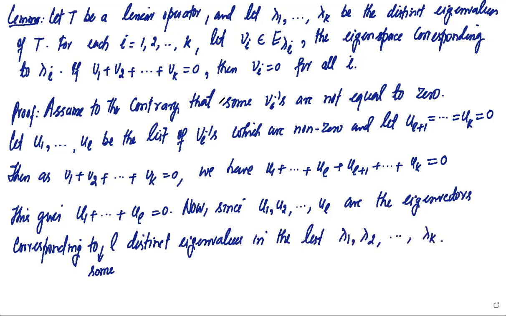Here we are assuming vi is from the eigenspace of lambda i.